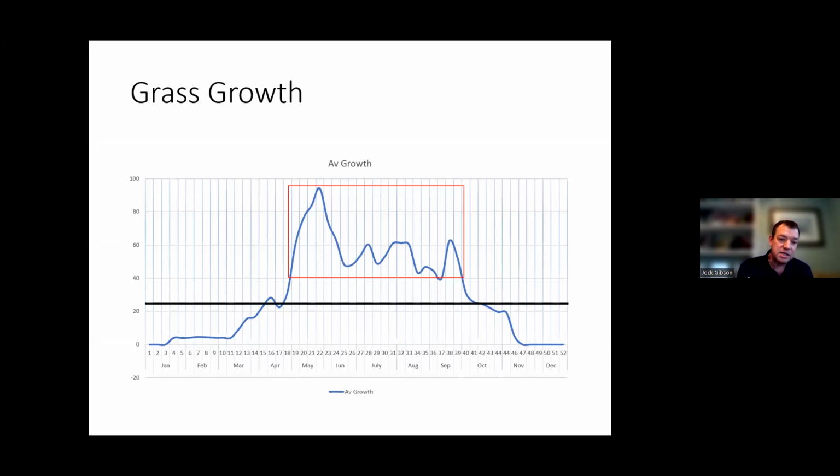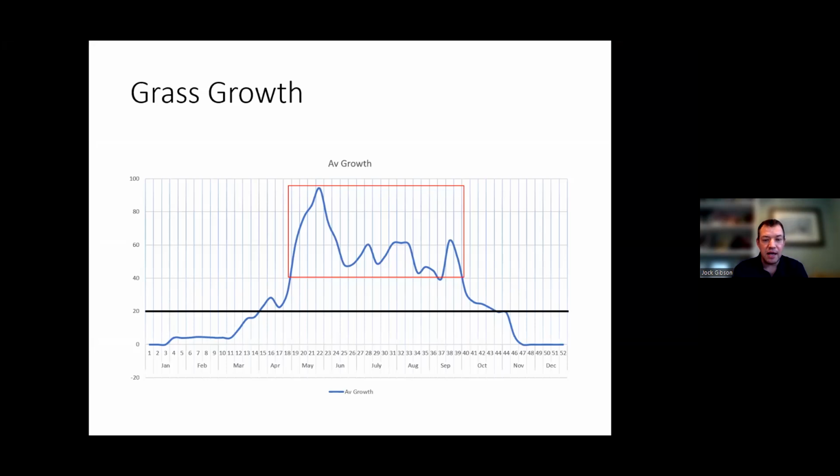So where it's sitting at the moment, it goes down, and that releases a whole lot more surplus growth. And it has meant that we've been able to change the way that we graze and just some of the things that we do.